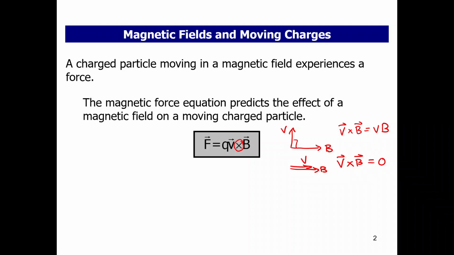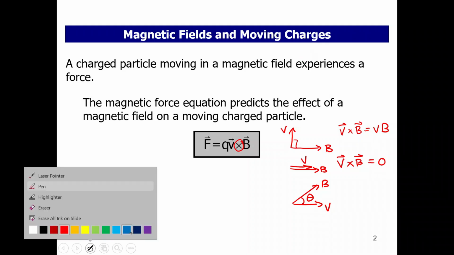We're looking for the components, essentially, that are perpendicular to each other. If they're not at a 90-degree angle, if they're at some other angle theta, only the components that are perpendicular to each other will actually contribute to the magnetic force.